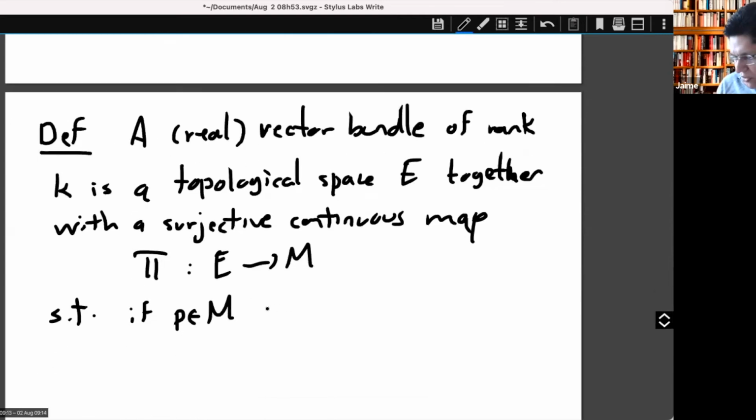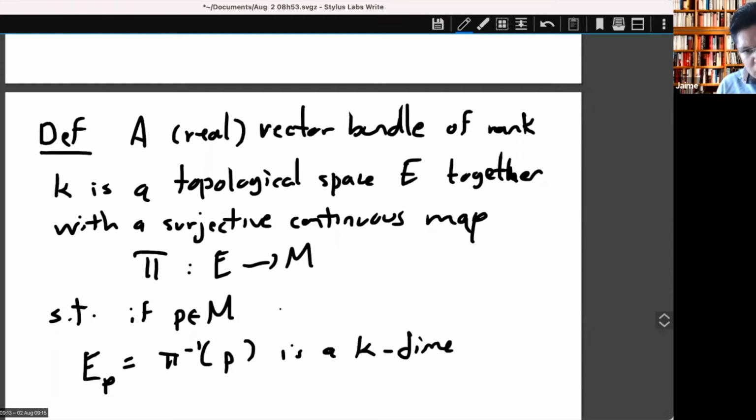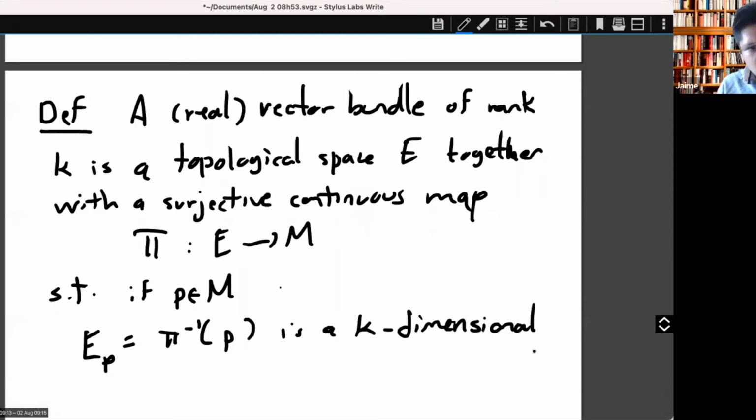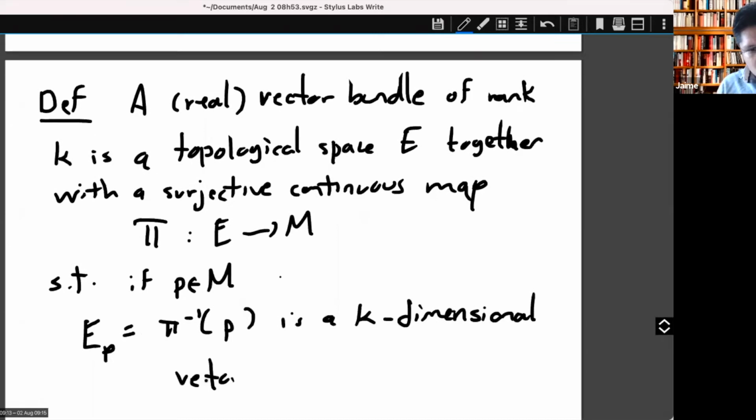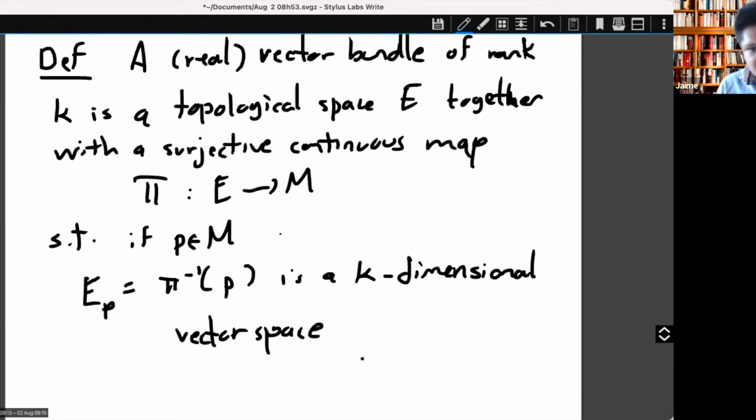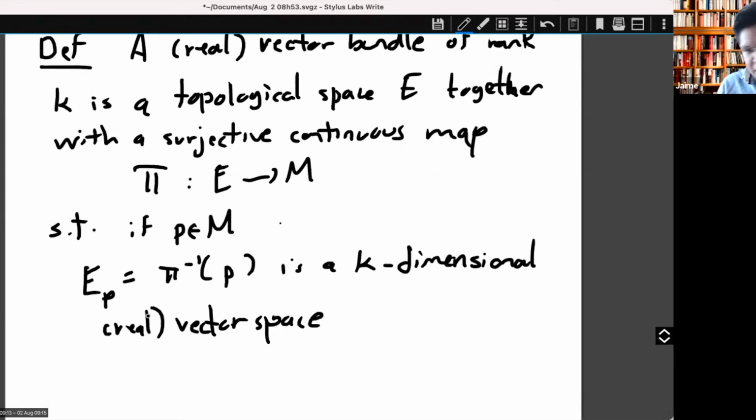So if we take a point, then the pre-image of that point is a k-dimensional vector space. Of course, this space should be a real vector space.